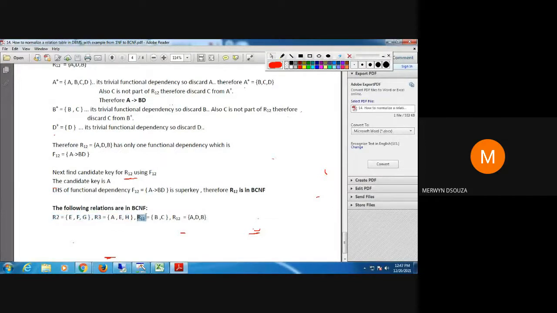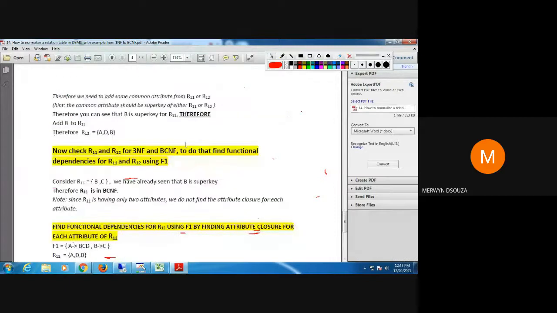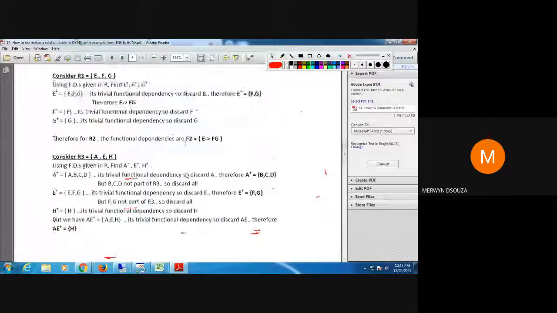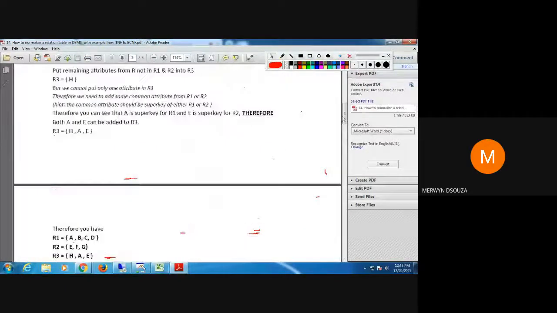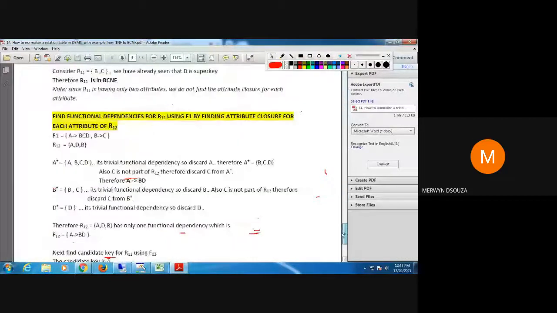And R1 got divided into R11 and R12, both in BCNF. So these are your final relations in BCNF. The problem that we were initially given, to convert R from 1NF to BCNF, the answer to that will be this.